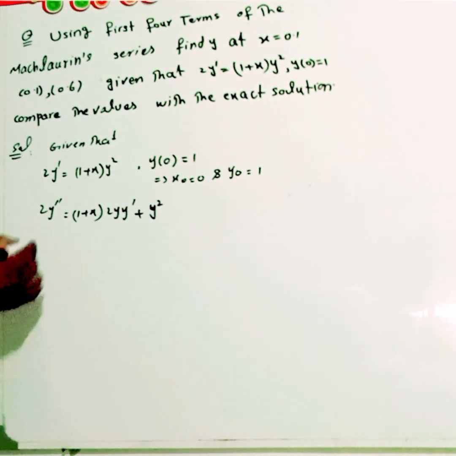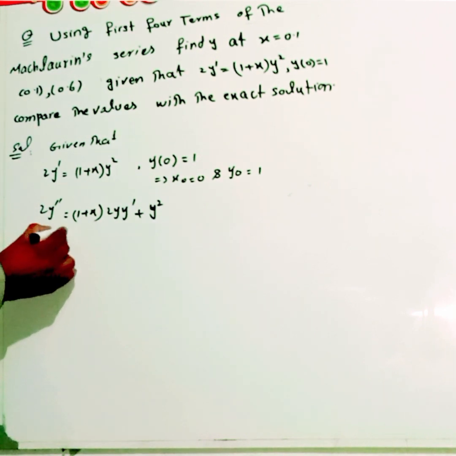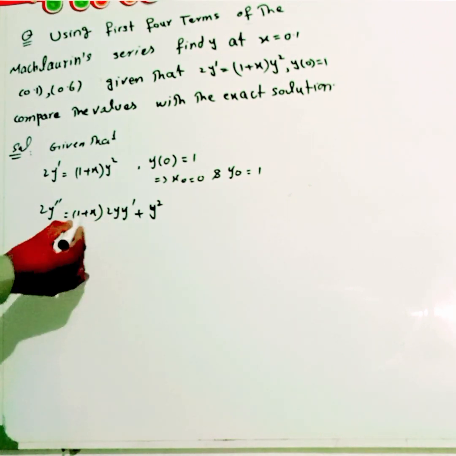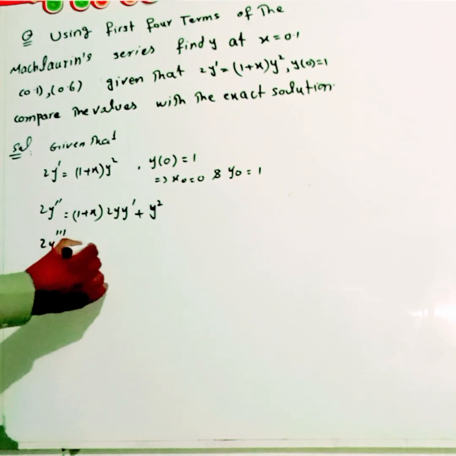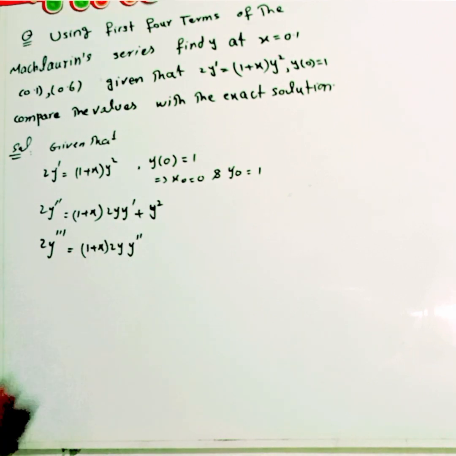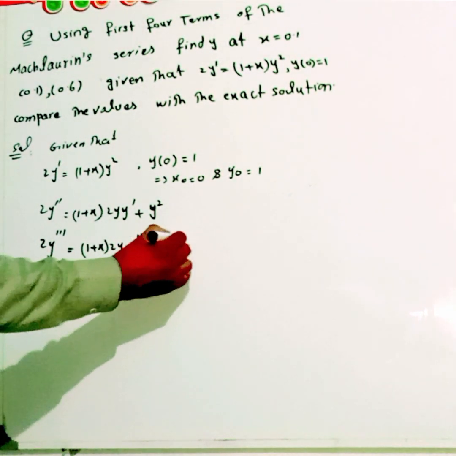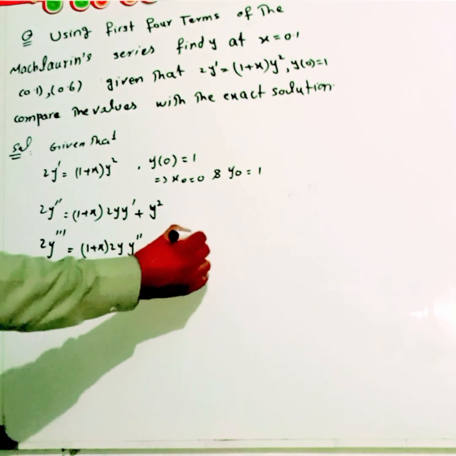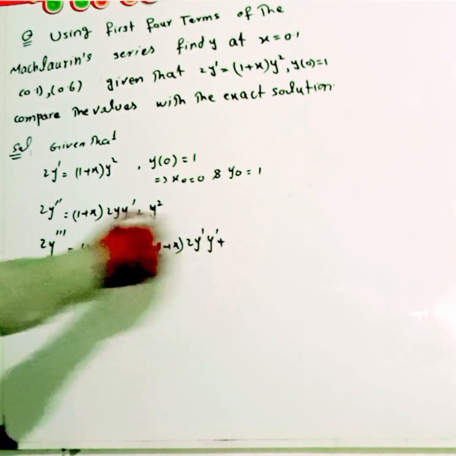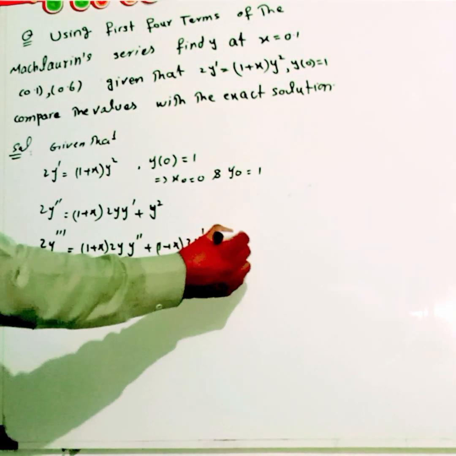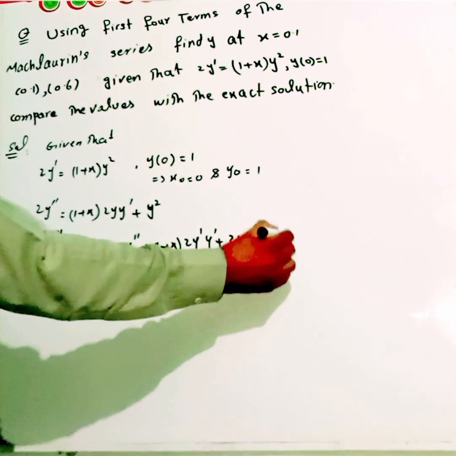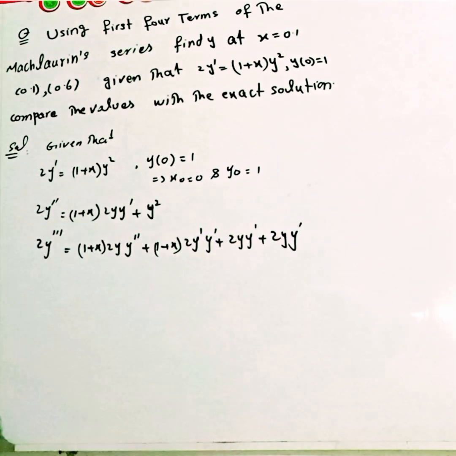Now again taking the derivative with respect to x, 2y triple prime equals, here we use the product rule on 3 terms. (1 plus x) into 2y as it is, derivative of y prime, y double prime, plus (1 plus x) as it is, derivative of 2y prime, and y prime taken as it is, plus derivative of (1 plus x), which is equal to 1, so we have 2y y prime, and plus derivative of y square, using the power rule, 2y, and further derivative of y is y prime.